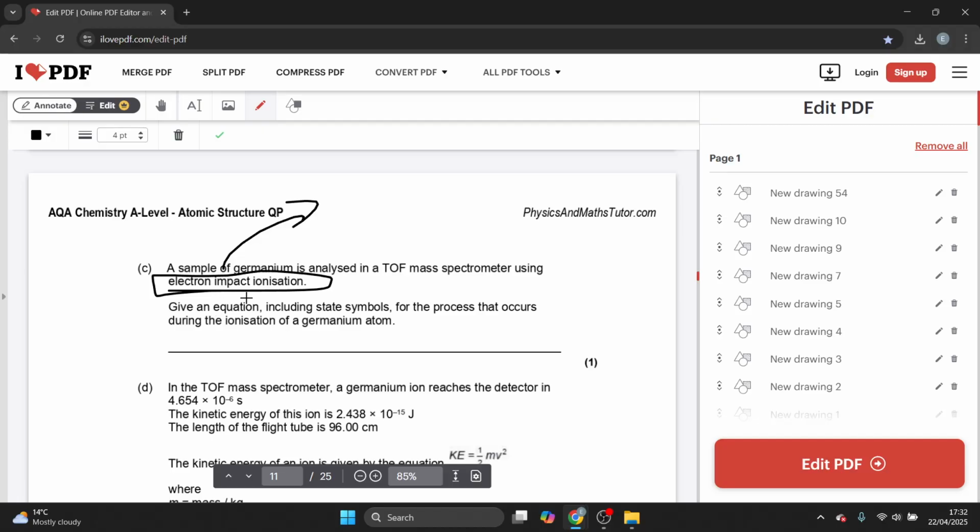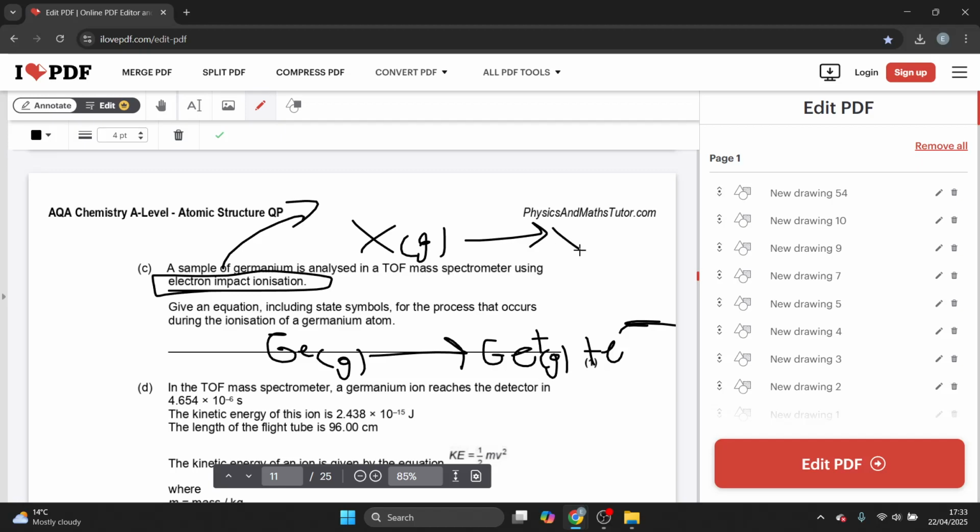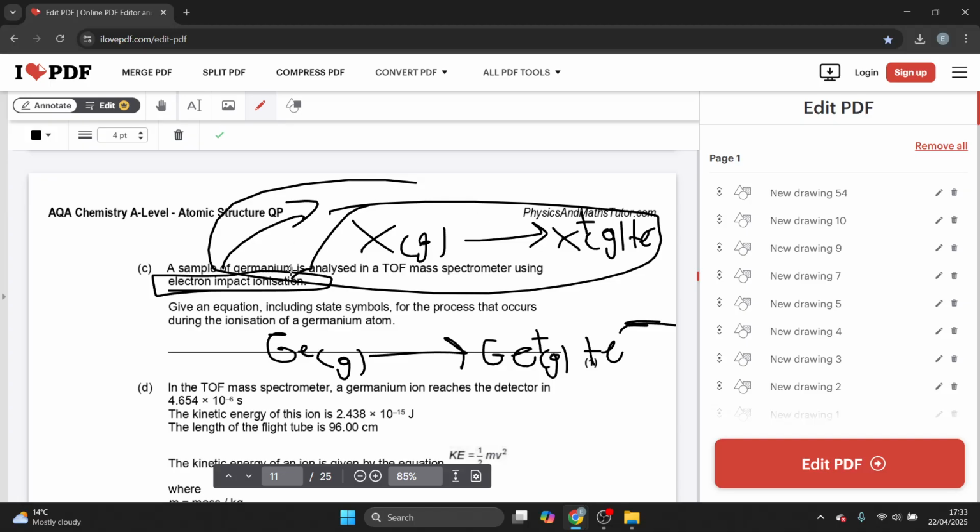So it's going to be Ge gaseous arrow Ge plus gaseous plus e minus. Just memorize the format: X gaseous arrow X plus gaseous plus e minus. I keep reviewing it and it's not sticking, but yeah, memorize that format for electron impact ionization. Then whatever element they give you, germanium, just substitute that in. So that's Ge, same format.